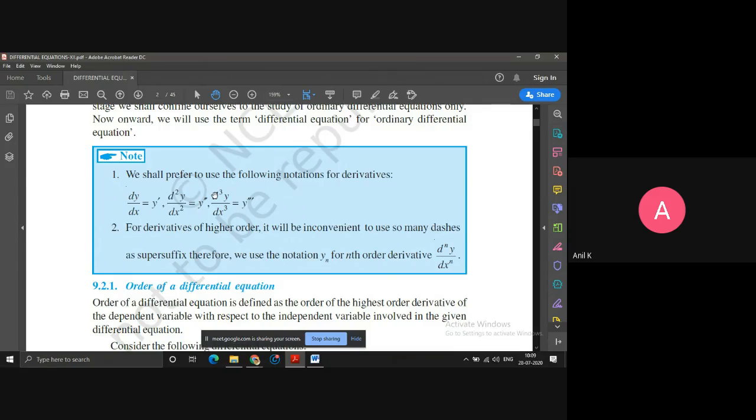Now d cube y by dx cube, you can write as y triple dash. The problem comes if I have 5, 7, or 10 derivatives; it is very difficult to write y10 dash, y15 dash. Then I can use yn. yn means the nth derivative, that is d^n y upon dx^n. This is the nth derivative of a function.